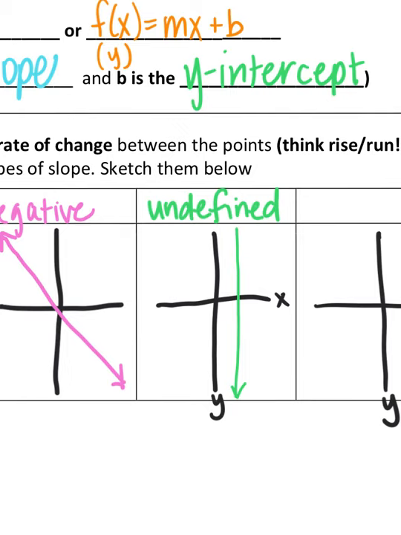Oh, you know what? I'm totally messed up. This is vertical over here. I want that erased. Hang on. I messed up. Let's try this again. An undefined slope is vertical, and it goes through the x-axis.